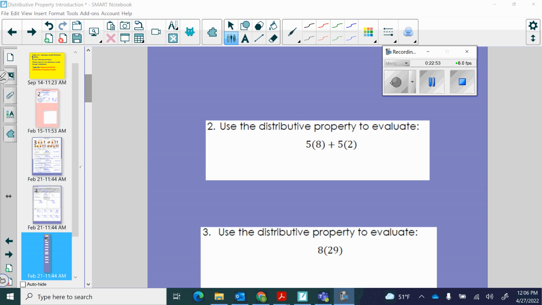Tell me how you got it. I could also say both of them are being multiplied by 5, so that's on the outside of my parentheses. 8 plus 2 on the inside of my parentheses. 8 plus 2 is 10. 5 times 10 is 50. Does that make sense? Hello?